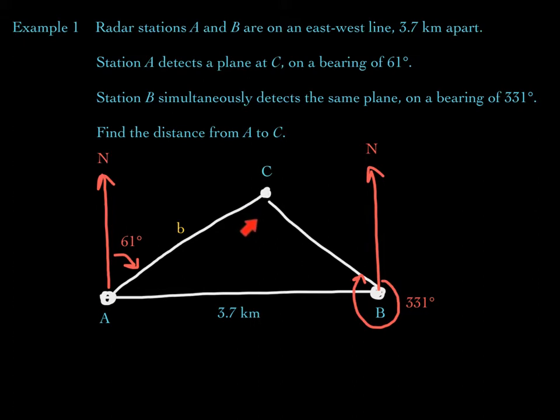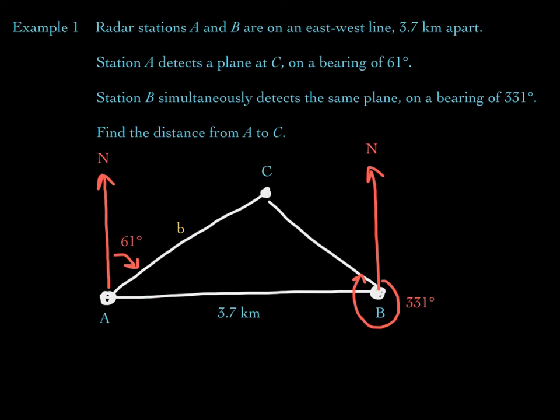I cannot assume that it's a right angle. I have to prove that. So if this is going to be the 90-degree angle, then I have to show that this angle and this angle inside the triangle are complements of each other. So how can I show that? Well, let's get started. Let's find this angle measure inside the triangle here.